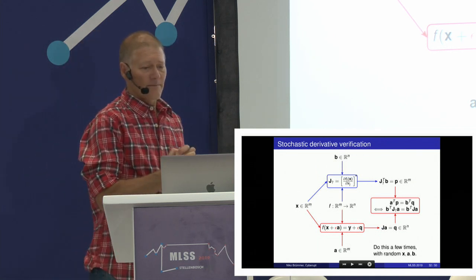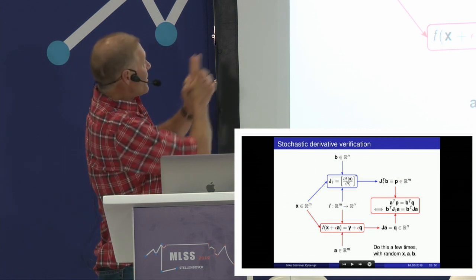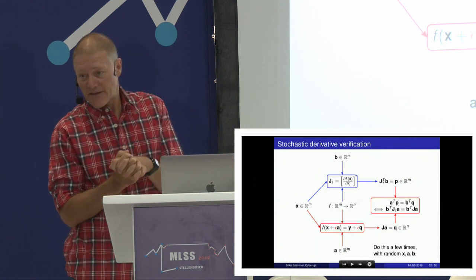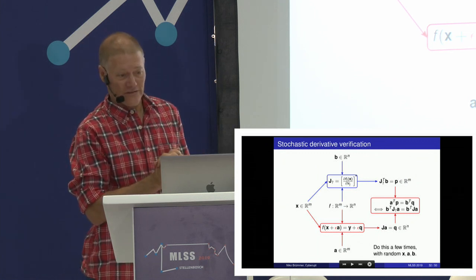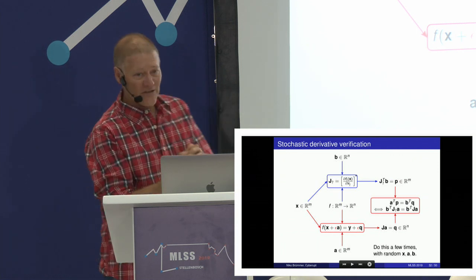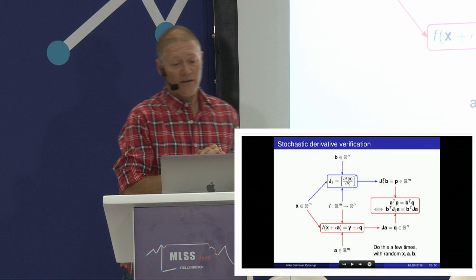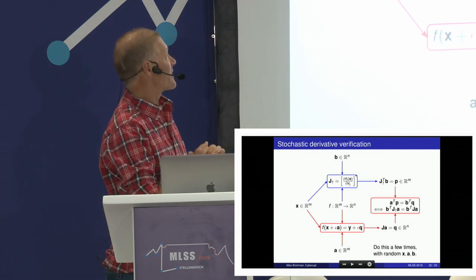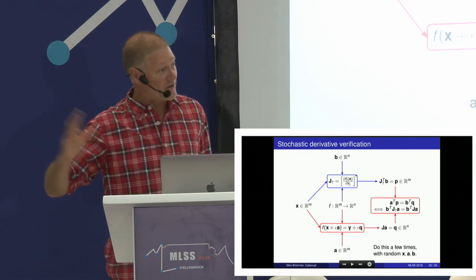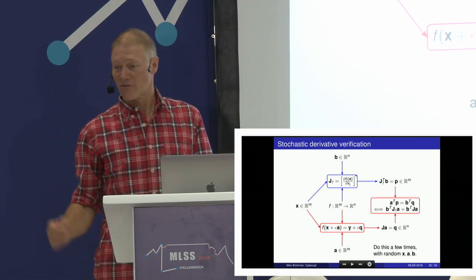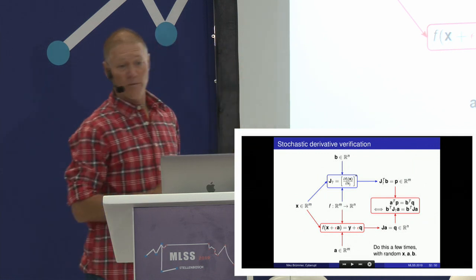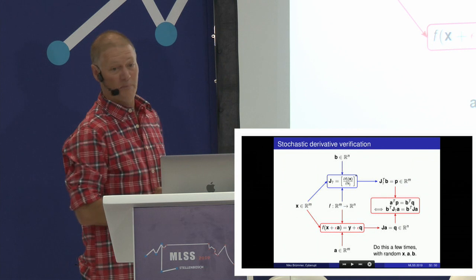So the blue box on top represents the derivative calculation that is already implemented that you want to test. So for a function from an m-dimensional to an n-dimensional vector, the derivative is just the Jacobian. And the typical backpropagation reverse mode differentiation operation that your existing tool will be doing for you is to multiply the Jacobian transpose with some vector b.